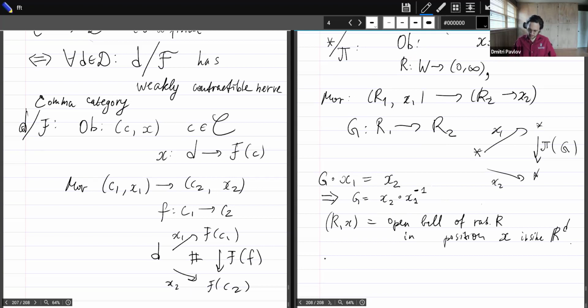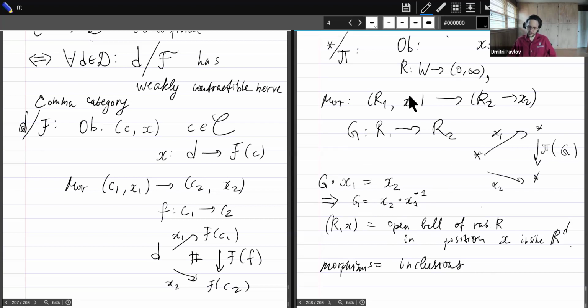And the geometric interpretation is really simple. Morphisms are inclusions. Either one ball is a subset of the other, in which case a morphism exists, or it doesn't, and then a morphism does not exist. So this G is uniquely determined by its source and target.